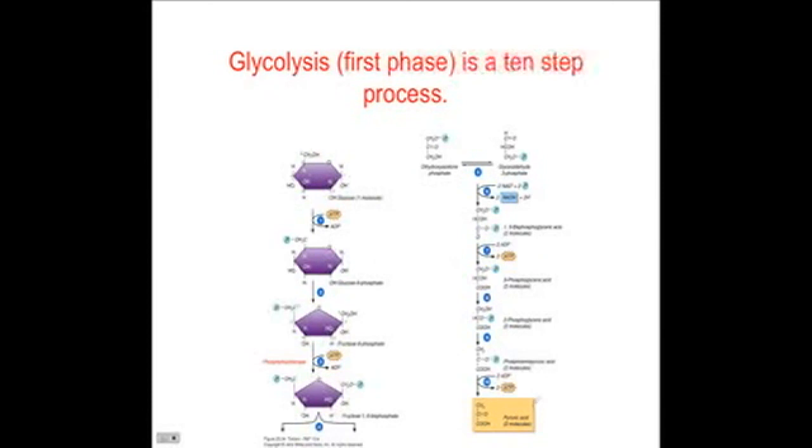And in fact, what will happen is we will take these pyruvic acids and convert them to lactate or lactic acid. And to do that, we actually have to take these 2 NADHs that we just made and use them here. So this takes energy to convert pyruvate to lactate.